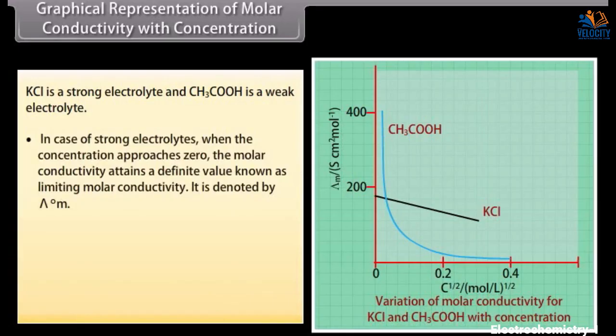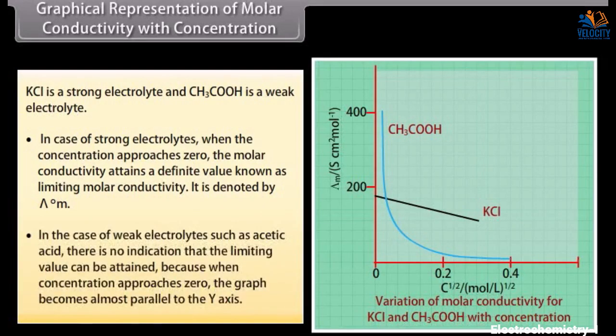In case of strong electrolytes, when the concentration approaches zero, the molar conductivity attains a definite value known as limiting molar conductivity. It is denoted by lambda naught m. In the case of weak electrolytes, such as acetic acid, there is no indication that the limiting value can be attained, because when concentration approaches zero, the graph becomes almost parallel to the y-axis.